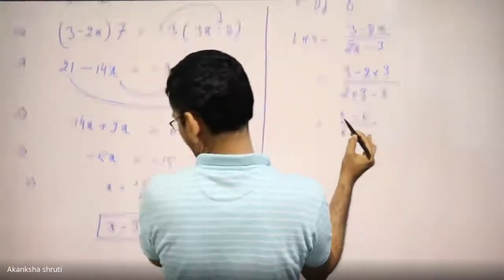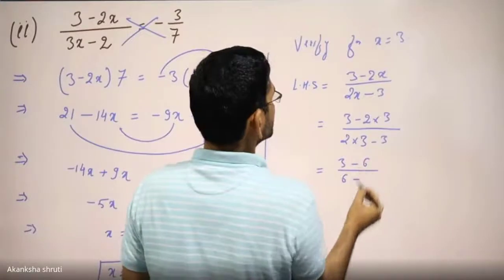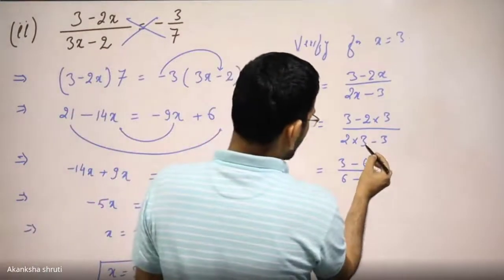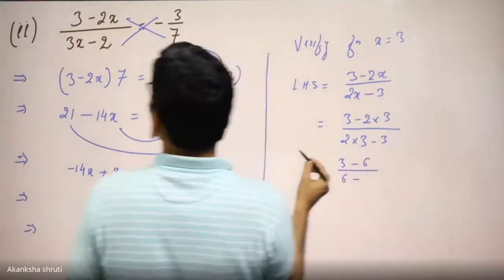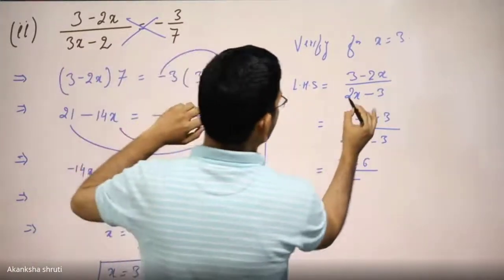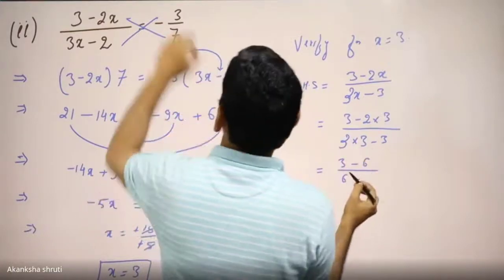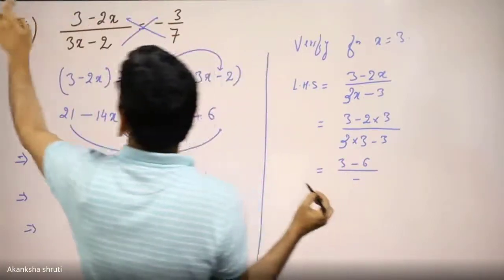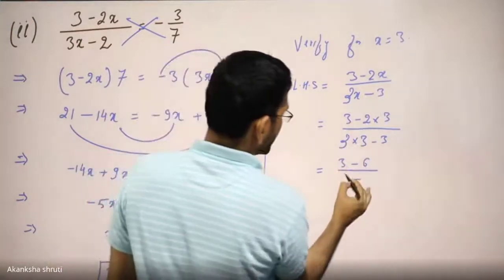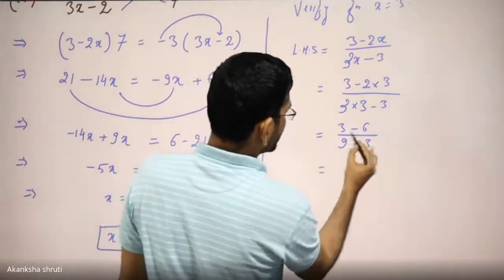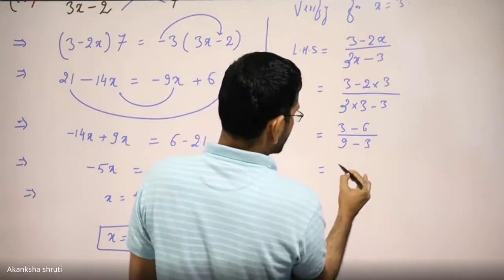Students, keep in mind the x that we have obtained is this one. Yes, it is correct. And in the denominator we have 3x. Students, this is our 3x. So 3 into 3 is our 9. Keep in mind, so in the denominator we have 9 minus 2, so it is 9 minus 2, and in the numerator 3 minus 6 is minus 3.